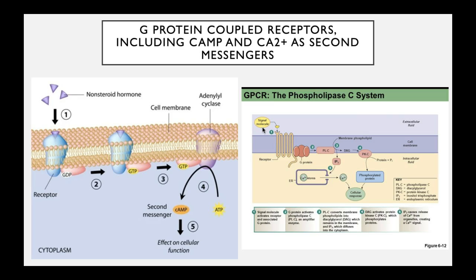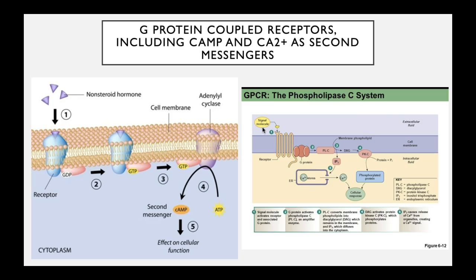So there's also on the right the phospholipase C system, and this is where calcium will actually serve as the second messenger in other common G protein coupled receptor systems, and it uses a cell membrane component known as PIP2. This is shown in the schematic where 3 is, and what happens is a signal molecule binds to the G protein coupled receptor on the outside of the cell.